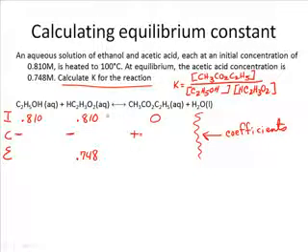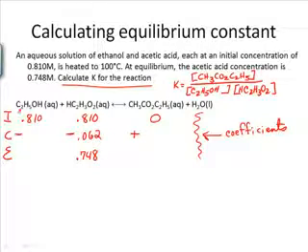Well, look, here I have an initial and an equilibrium concentration for the acetic acid. So I know, or can find, what the value of that change is. So 0.81, okay, so 0.062 is the difference between the initial and the equilibrium.